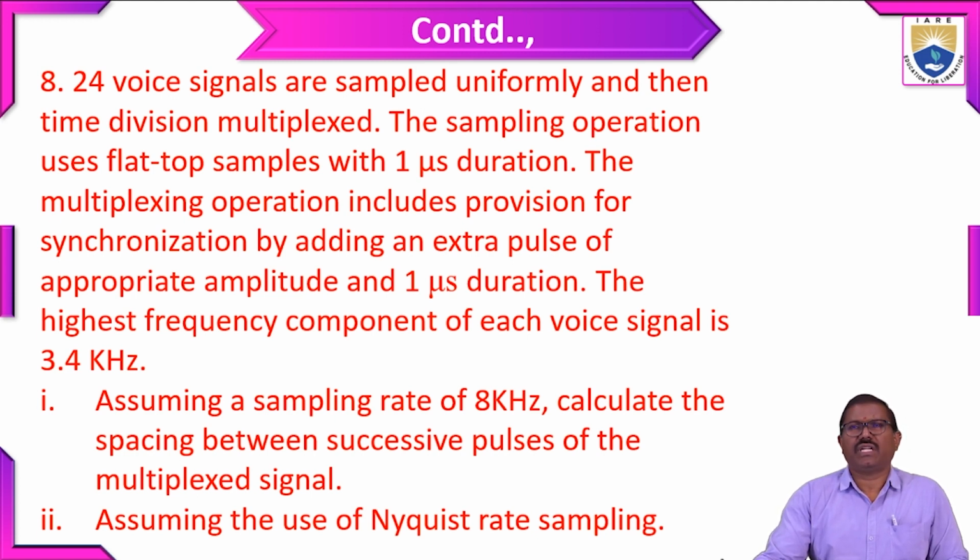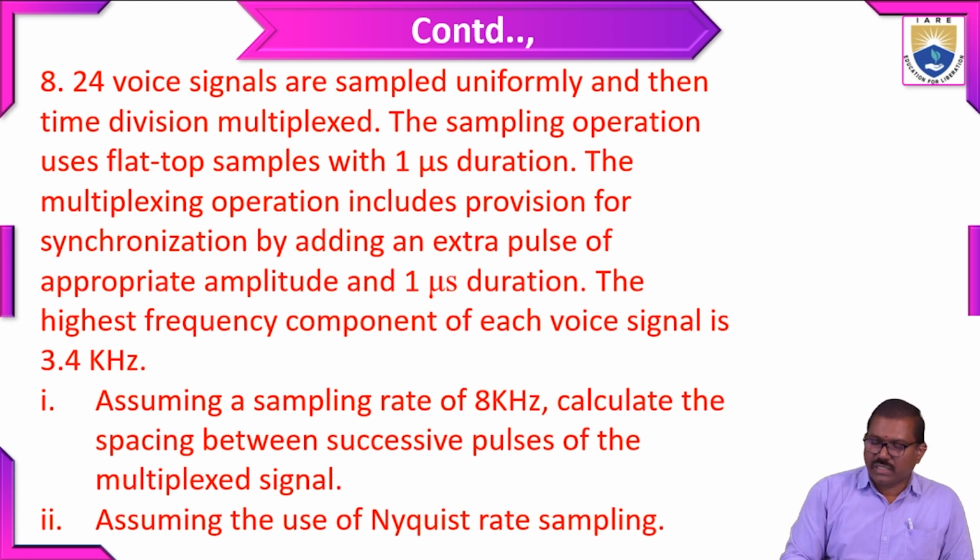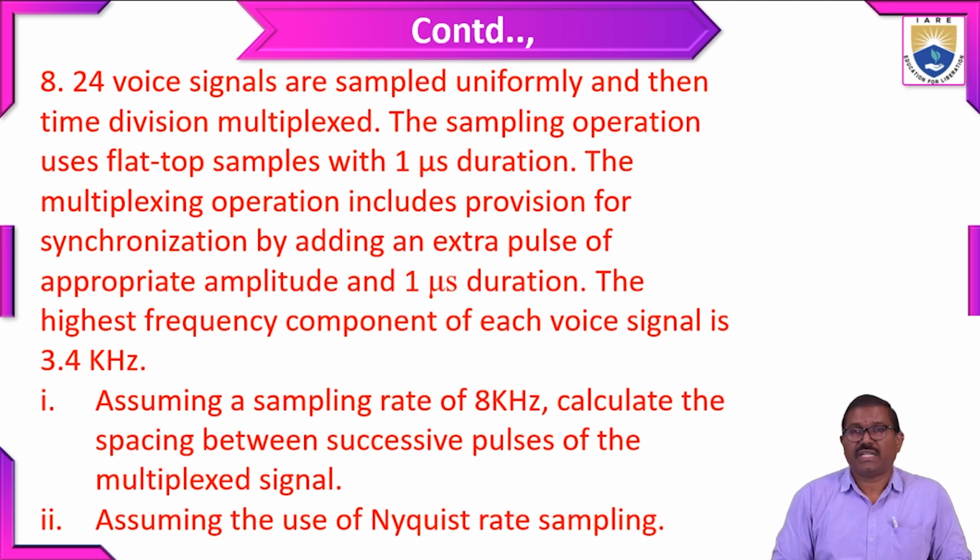The multiplexing operation includes provision for synchronization by adding an extra pulse of appropriate amplitude and 1 microsecond duration. The highest frequency component of each voice signal is 3.4 kHz. So this is the problem and given data. And what they ask here: assuming the sampling rate is 8 kHz, calculate the spacing between successive pulses of the multiplexed signal, assuming the use of Nyquist rate sampling.